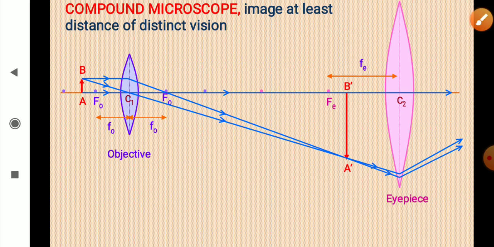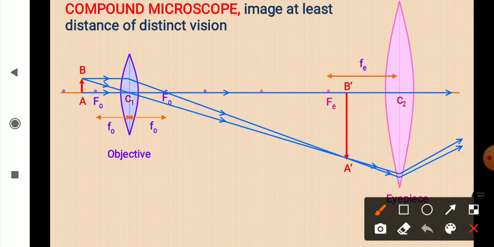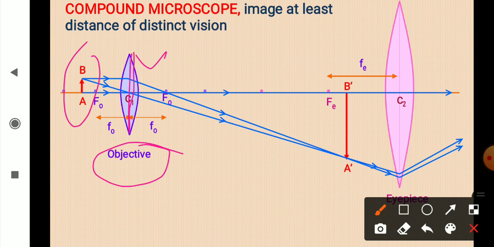So let us have a look. This lens, this is object AB, and this is the objective lens, and this objective lens is facing the object, that is why it is called the objective lens. It has a small aperture. Aperture is the diameter of the lens, and it has a small focal length, right?